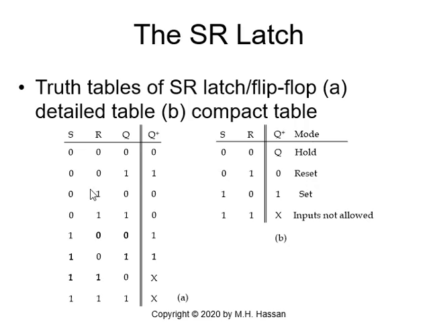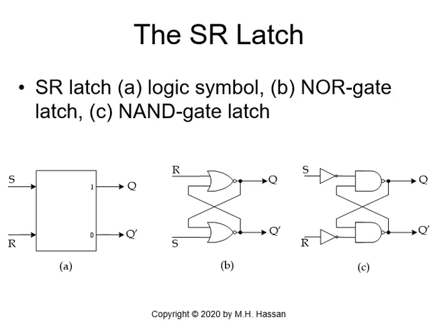Now, let's verify the next line of the table when S is 1 and R is 0, and we will study the case when Q is 0 and Q is 1. Let's start with Q is 0. Let's go back to the circuit. Now, in this circuit, we have S is 1 and R is 0.